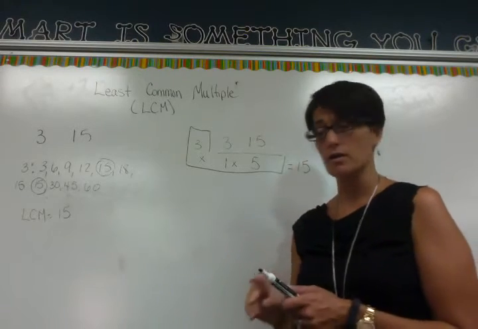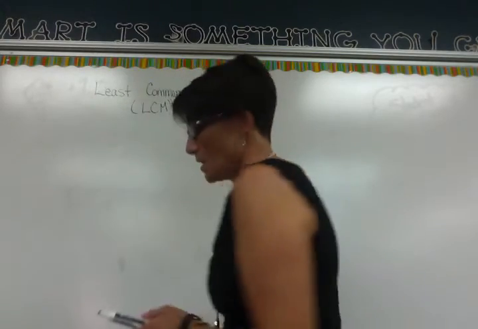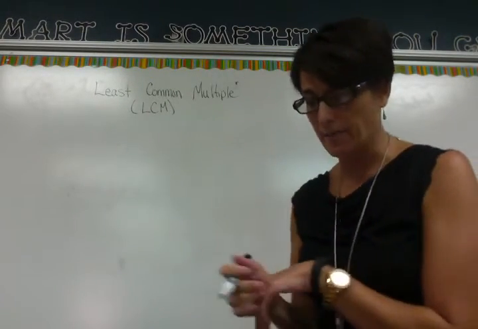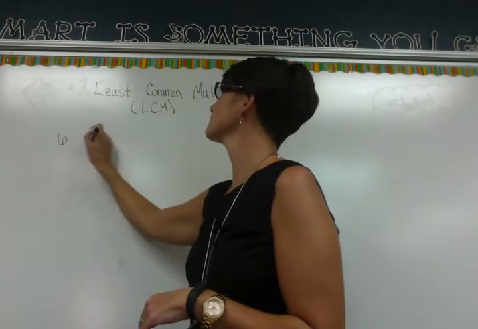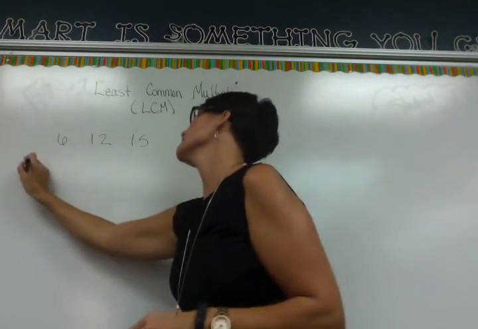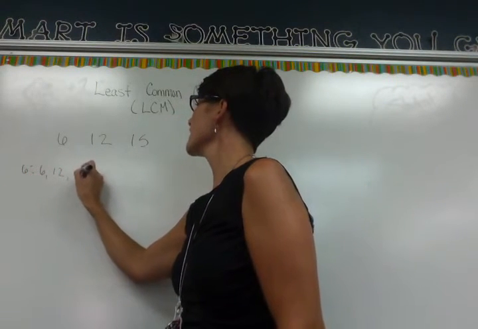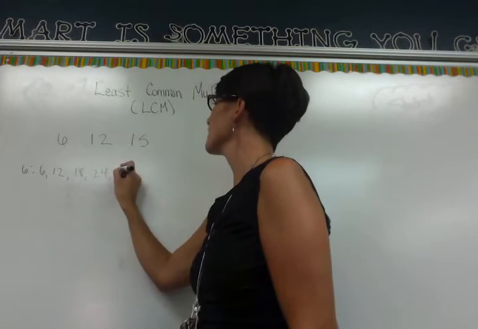So let's try a harder one. Let's try 3 numbers this time. Let's try 6, 12, and 15. All right, so over here you take your 6's and you would do 6, 12, 18, 24, 30.